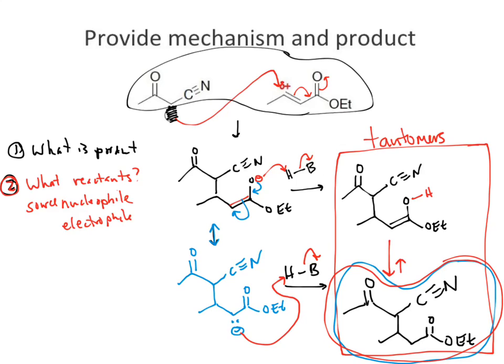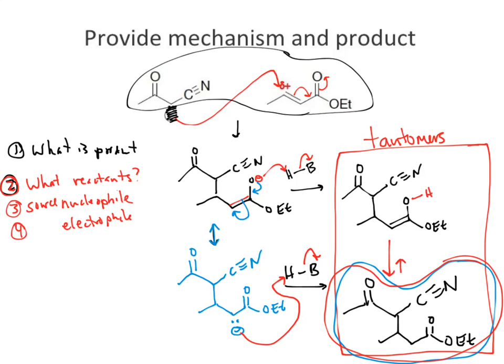I thought I had a third way to ask it, but I don't. Sorry. Well, that's almost four ways right there. So what are the reactants? What was your nucleophile? What was your electrophile? Another option could be which of the following is a correct intermediate.